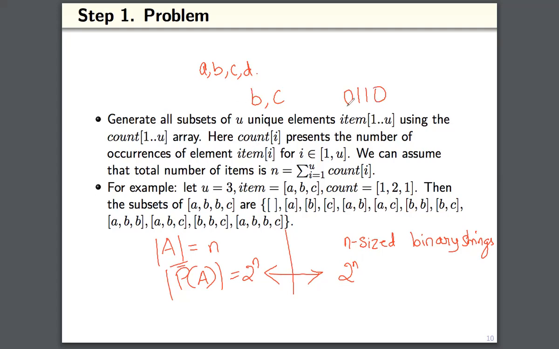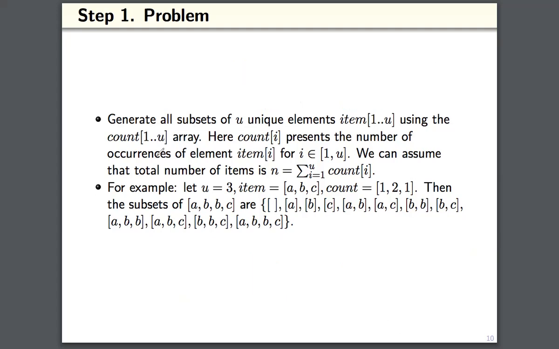A is not present, hence you give 0 to A. B is present, you give 1 to B. C is present, you give 1 to C. And D is not present, hence you give 0 to D. So bit strings and subsets are related. Similarly, combinations and subsets are related. Okay, let's come back to the question.